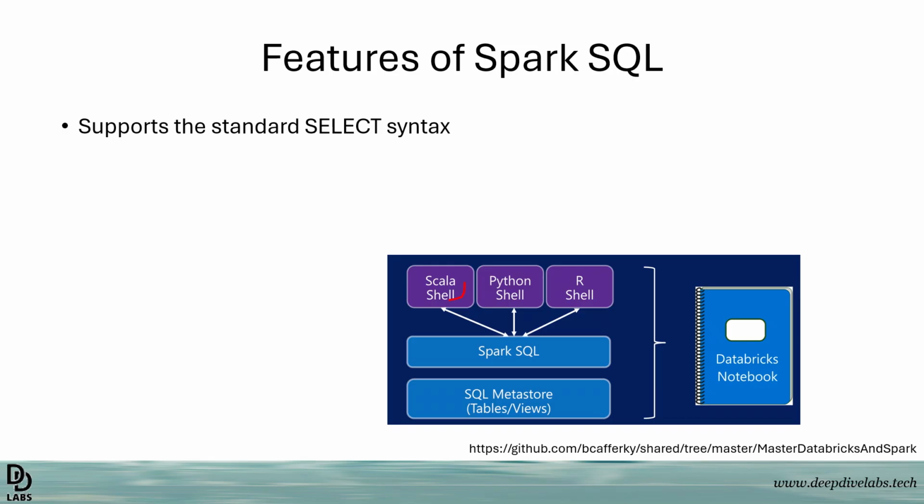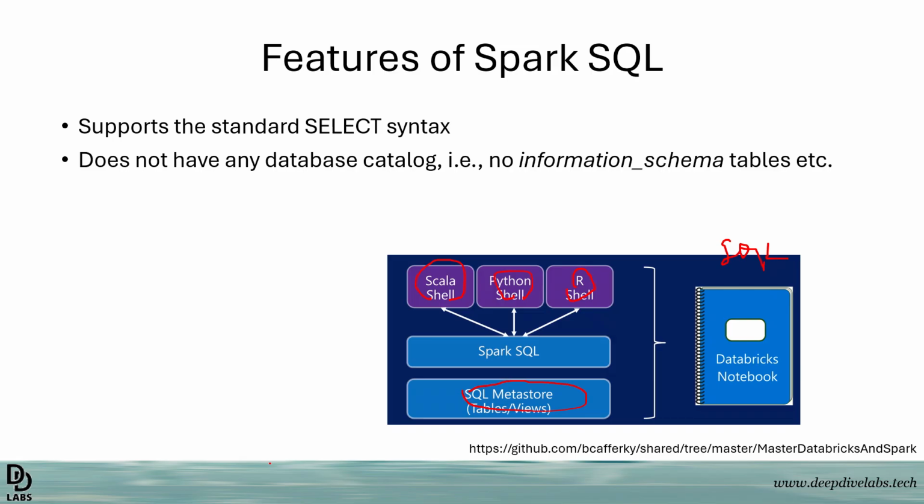This has access from Scala shell, Python shell or R shell, irrespective of which Spark language you are using. When you are reading this file, it starts creating this SQL meta store where all the schema information is kept, so that you can write your SQL queries directly in your Databricks notebook, right? And access the data that is there in your CSV file.